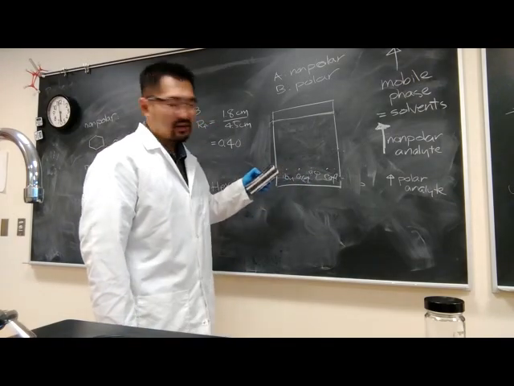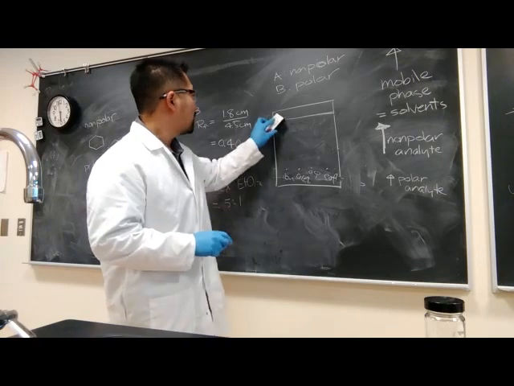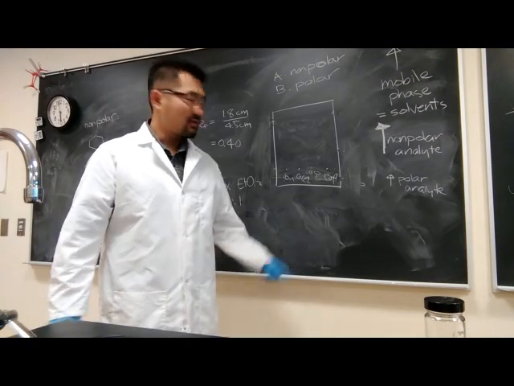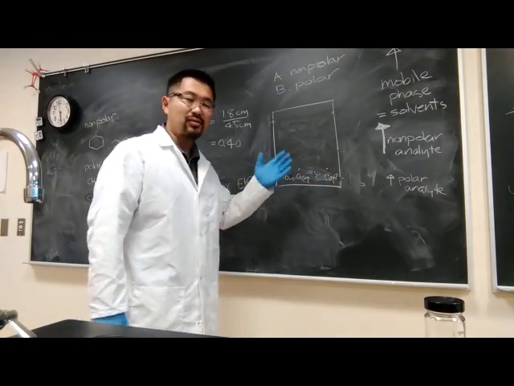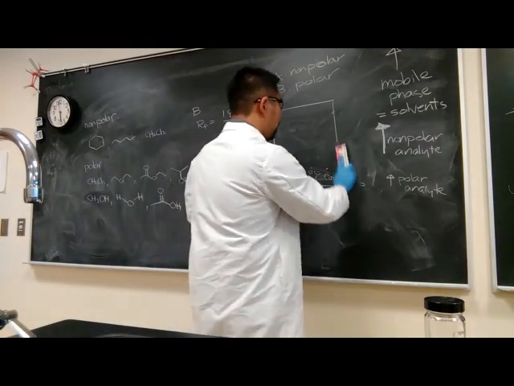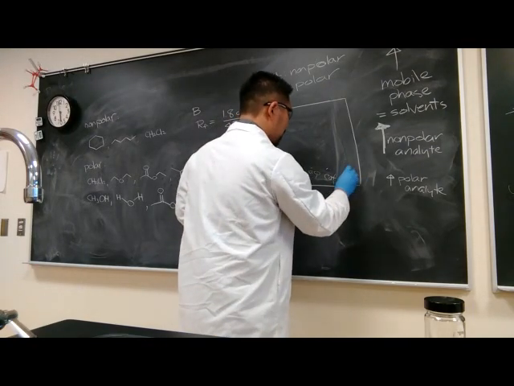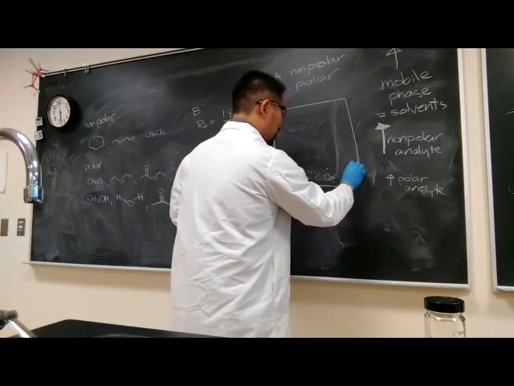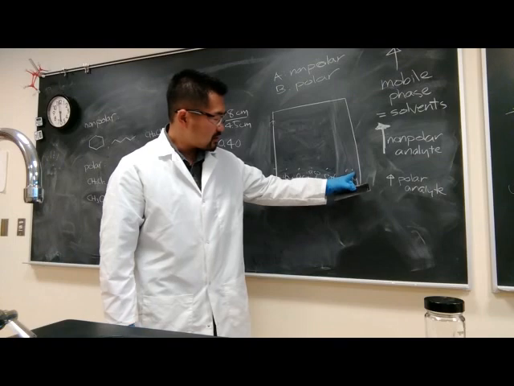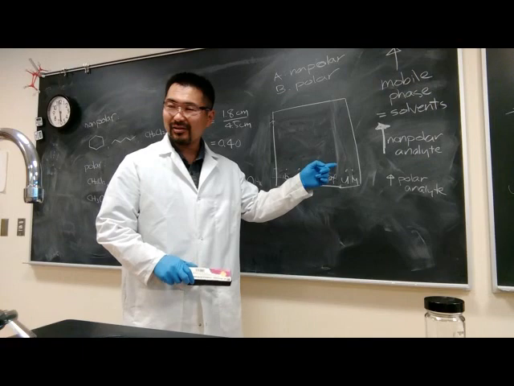Now, you might want to just do this with your known standards first to figure out what would be the good mobile phase combination for you, and then presumably the unknown sample is going to have one of these known samples, and so you could then apply that mobile phase for a TLC plate that contains not only the known standards but also your unknown, and then don't forget to have a mixture lane. Now I wrote the mixture lane right here on the edge, but you will not want to have a spot really close to the edge.